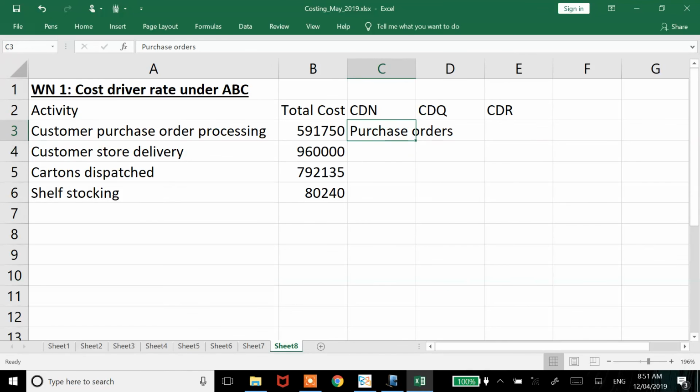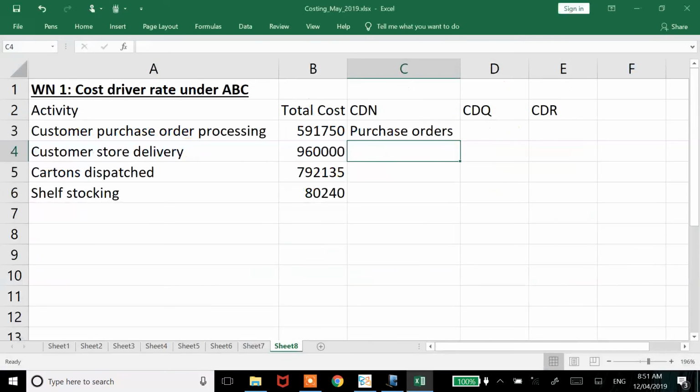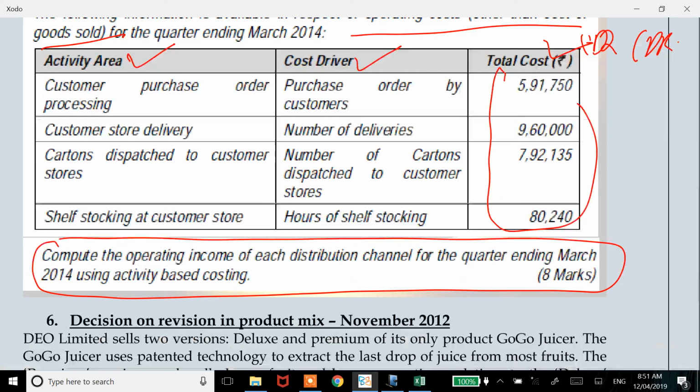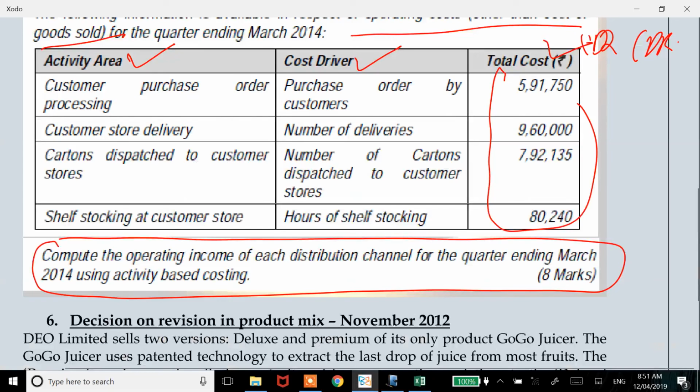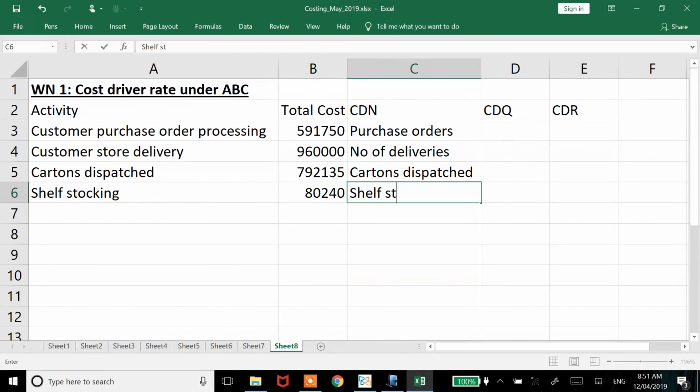Activity, total cost, cost driver name: purchase orders, number of deliveries, cartons dispatched, shelf stocking.